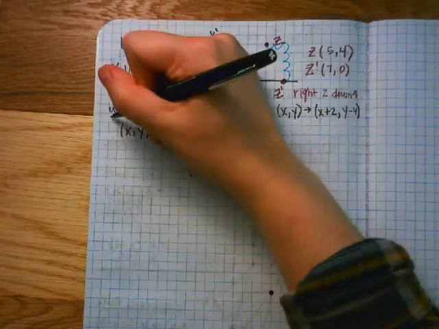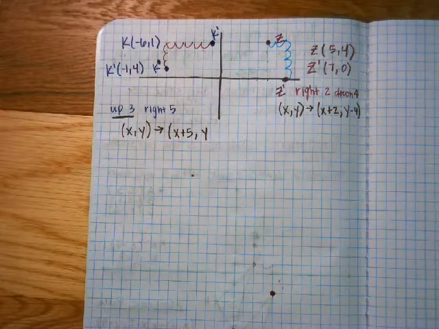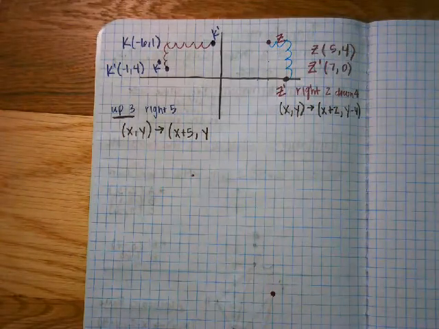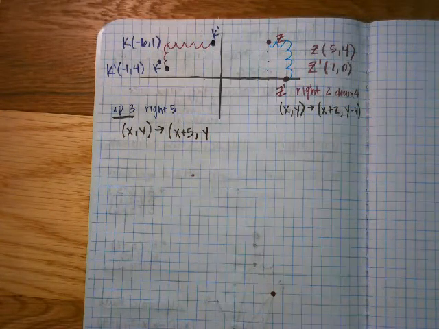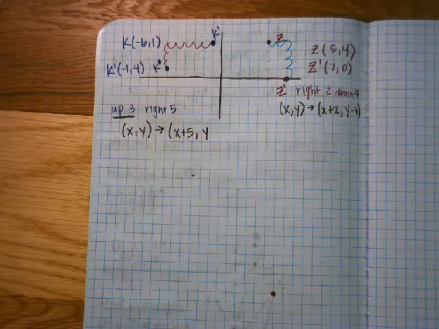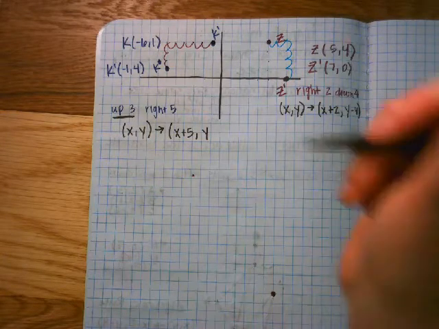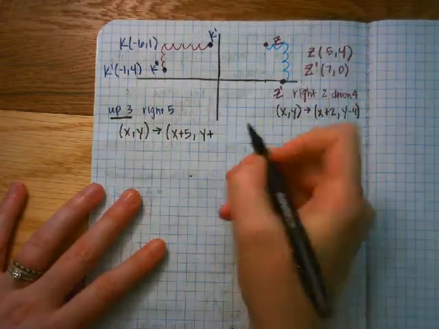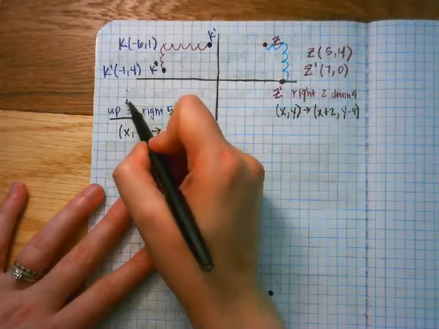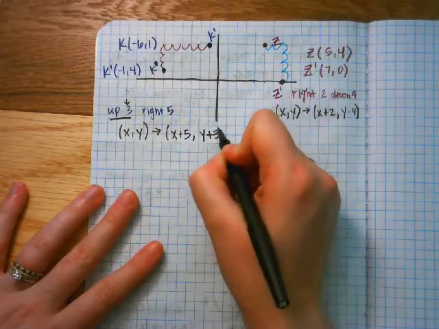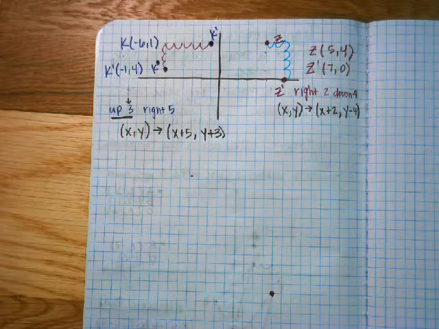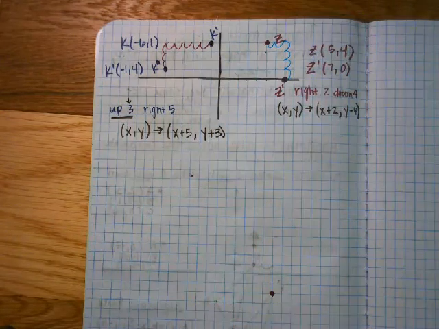Here's your hint right here. Up 3. Yeah. How many did we add? Yeah. Cool? All right, so that's our rule.